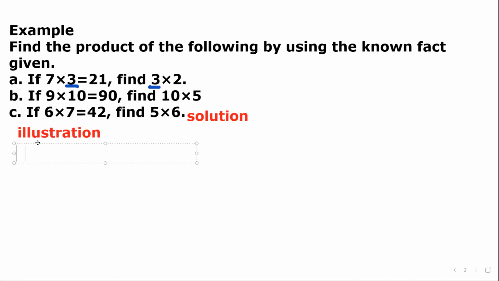Now we have 3 times 7 equal to 21. Okay, good. Then the question says you should find 3 times 2 equal to the question mark.